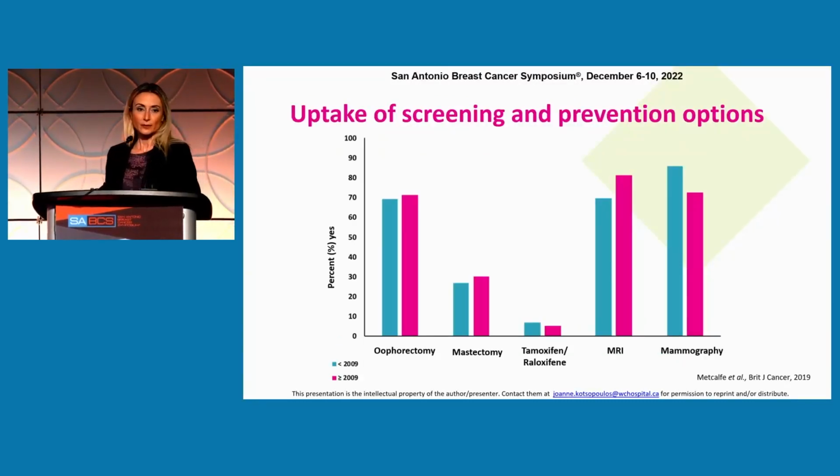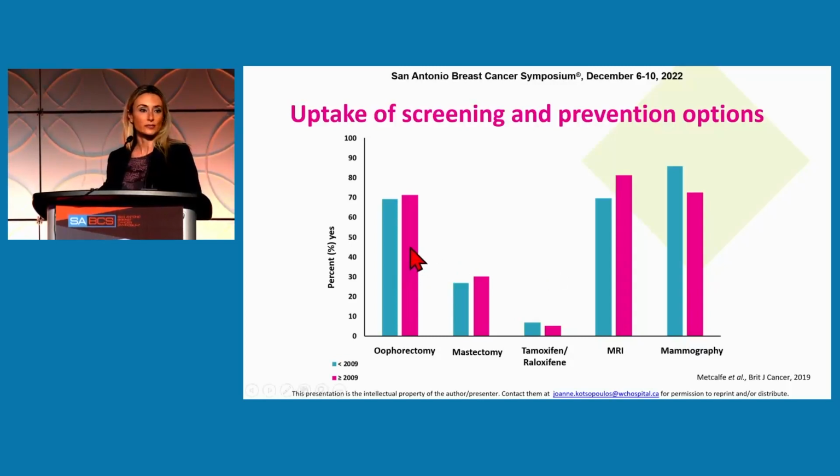Dr. Kelly Metcalf from our team has used this data and has been able to look at patterns of screening and prevention in this high-risk population. This is from a recent publication from our team. When we look at the right side here, we can see that rates of MRI imaging and mammography are quite high, so a lot of women are opting for enhanced screening for their breast cancer risks.